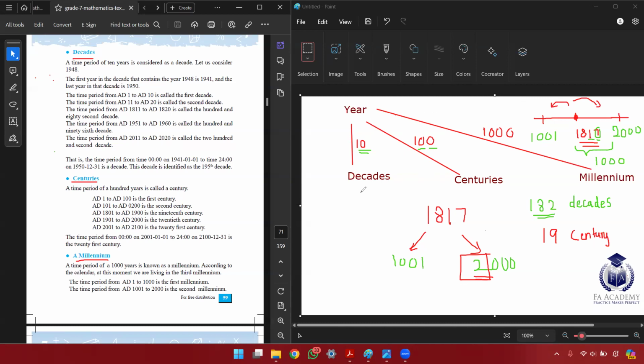If it is decades, you see the tens place. So here it is millennium. I need to look for the 1000 place and the numbers in front of that. I have only 2, right? So we consider this as the second millennium. Second millennium. So I hope you got this method, and you can just try and see the questions.